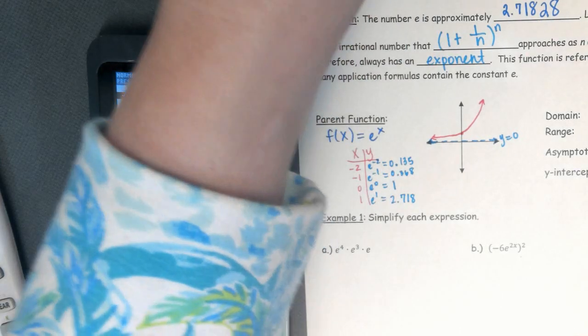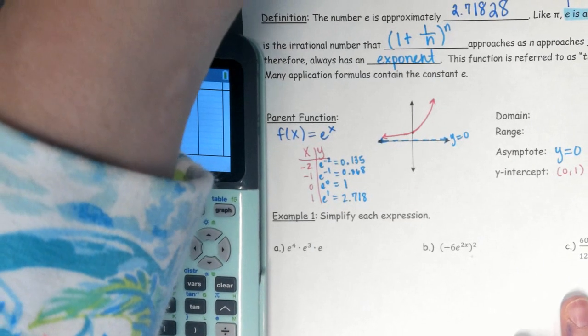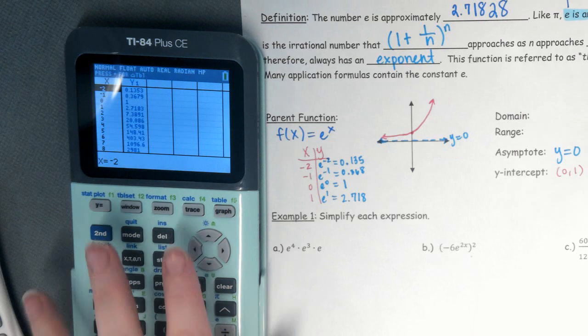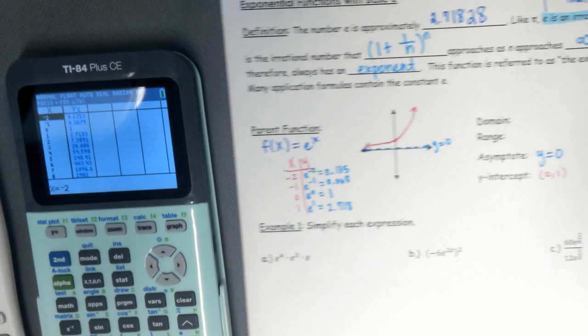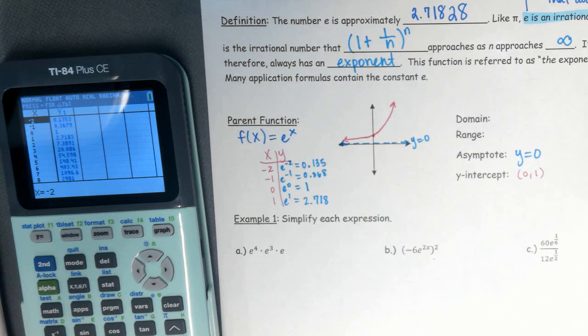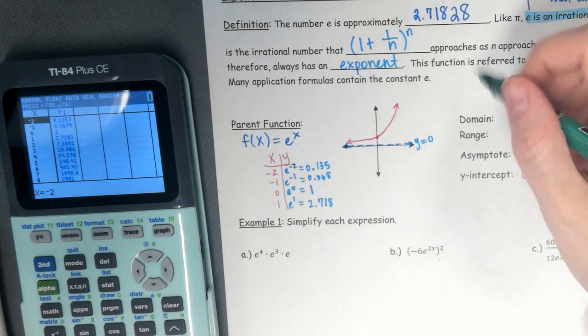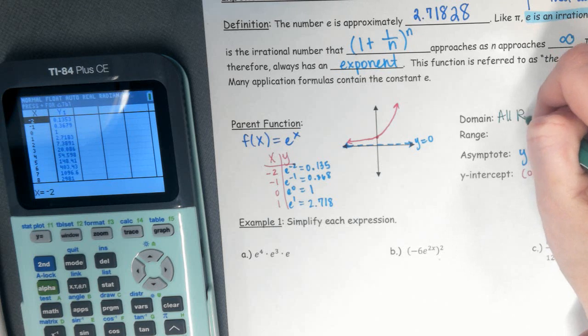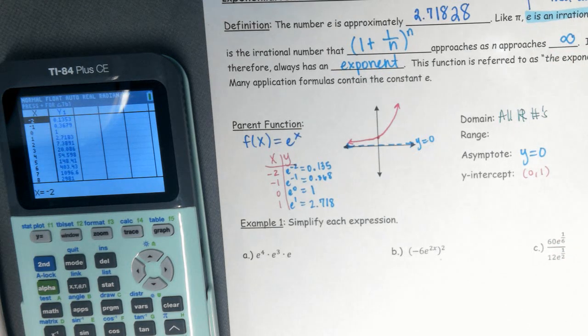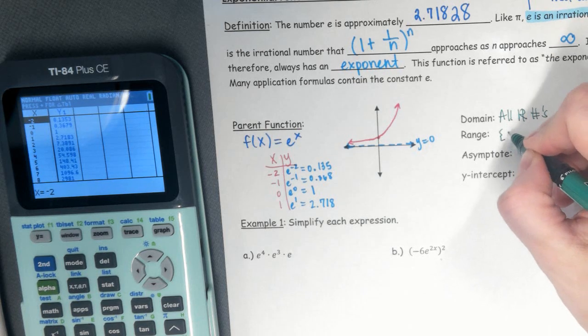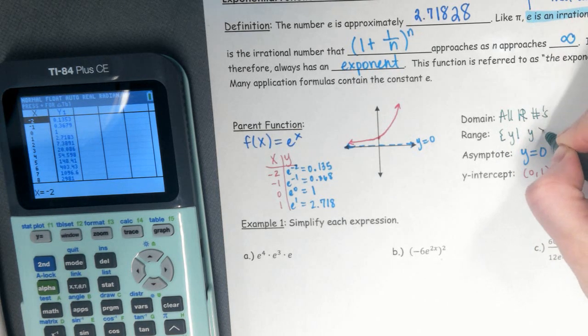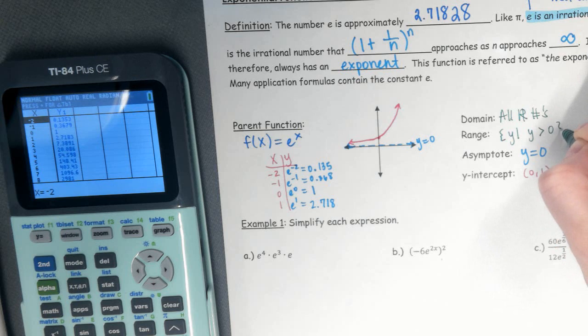And just like with all of our other exponential functions, the domain is what? Yep. So all real numbers, and then I'm still going to let you write it as the capital R. And then your range is going to be y, such that y is greater than our asymptote value.